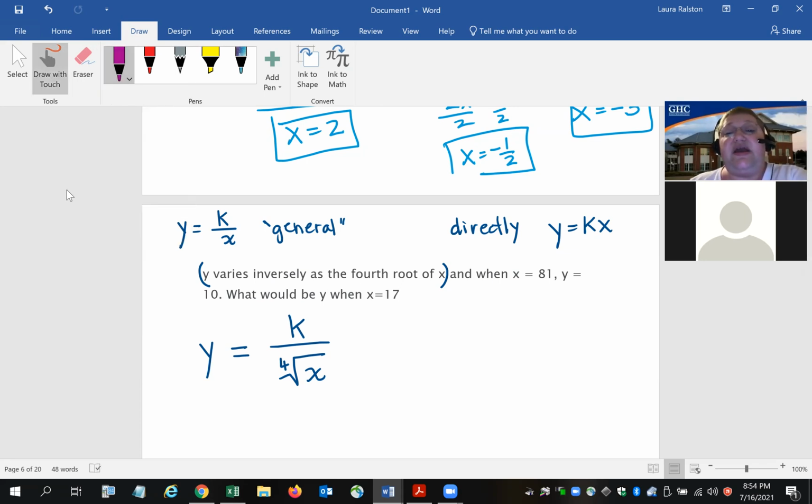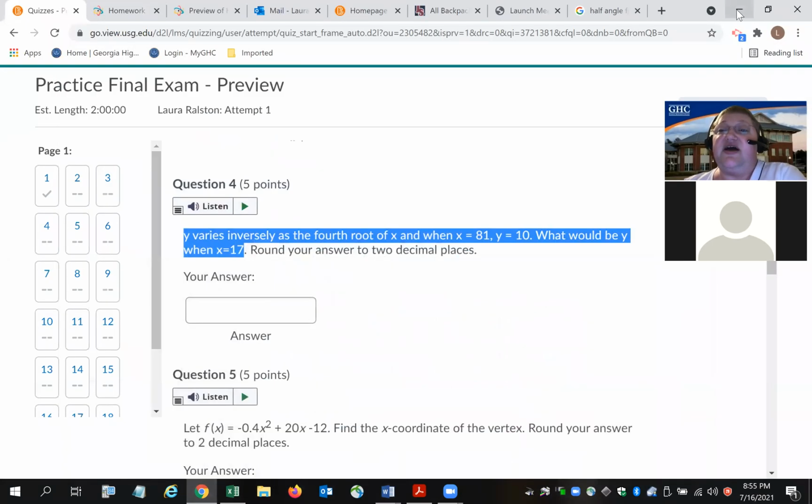It says when x is 81, y is 10. So we know y is 10. I don't know k, but I know the 4th root of 81. Now, you may not know how to do the 4th root on your calculator. There's a couple of ways to do it.